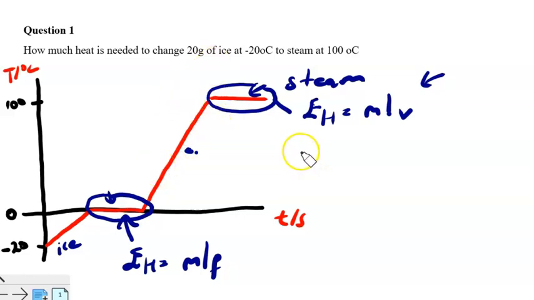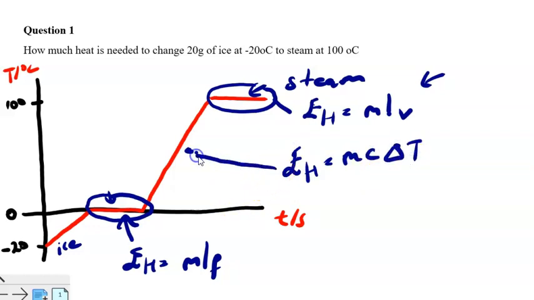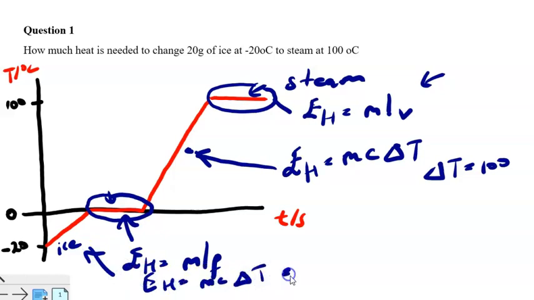If you remember the specific heat capacity equation, heat energy is equal to mcΔT. So here we're going to have a change in temperature, and the change in temperature would have been 100. And here, I can use mcΔT, and the change in temperature here would have been equal to 20.